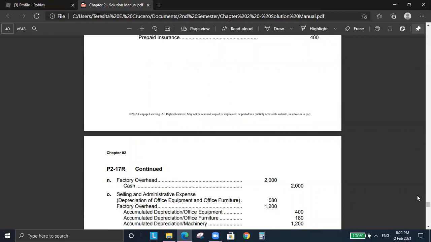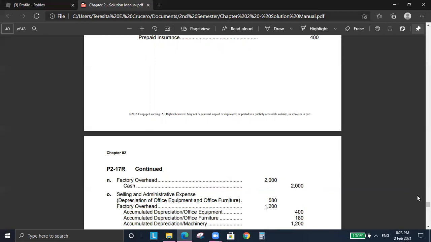Letter O, depreciation on office equipment 400, on office furniture 180, on machinery 1,200. So our entry now is to debit selling and administrative expense 580.